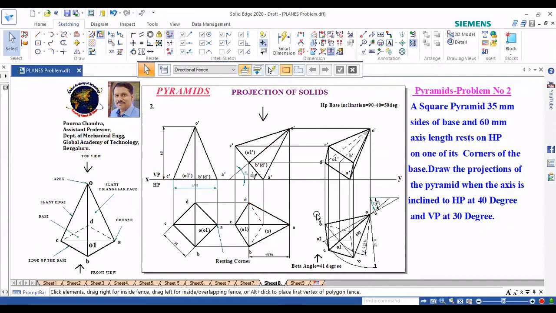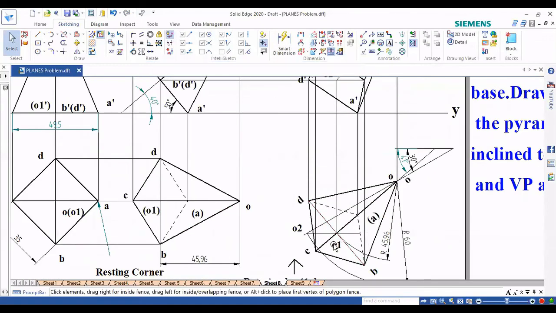Then you can incline it for 30 degrees. We told the axis is inclined to VP at 30 degrees. So you need to do the bit angle method. So draw the bit angle, draw the 30-degree line, then measure this O1, cut arc, then draw the locus of O, then measure this length O1. This O1 is in bracket.